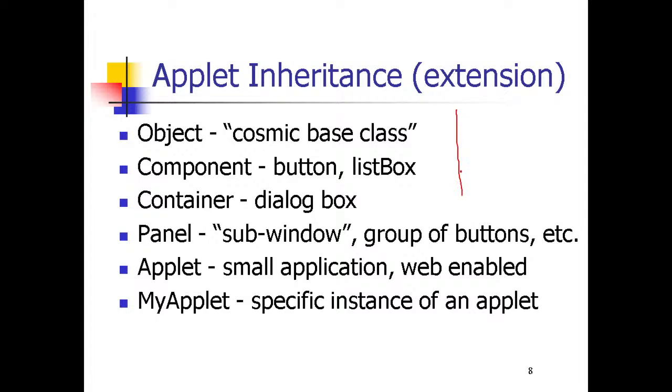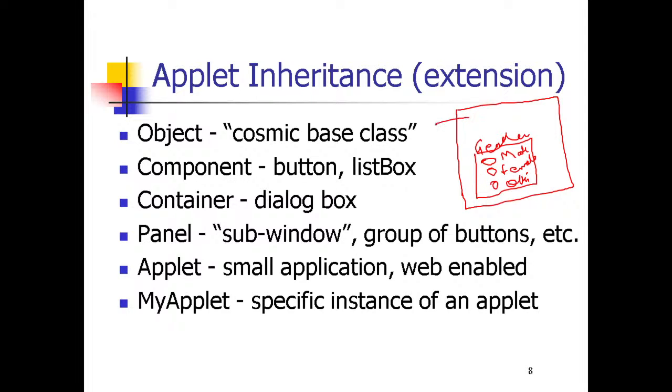Let's suppose we have a frame. This is my dialog box. On that I have created a panel, and this panel is a gender panel. Related to this gender panel, I have three radio buttons, for example, one for male, female and other. So this is a panel, and this is my dialog box.